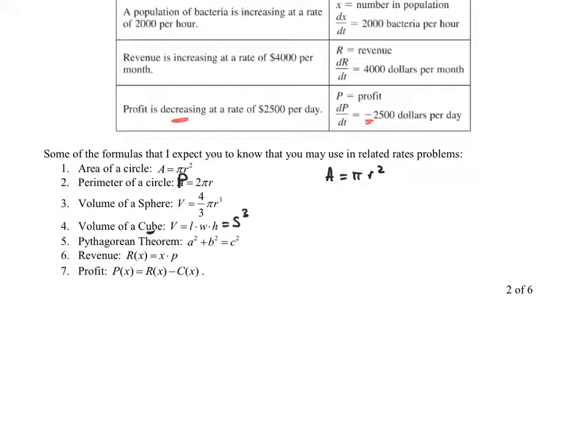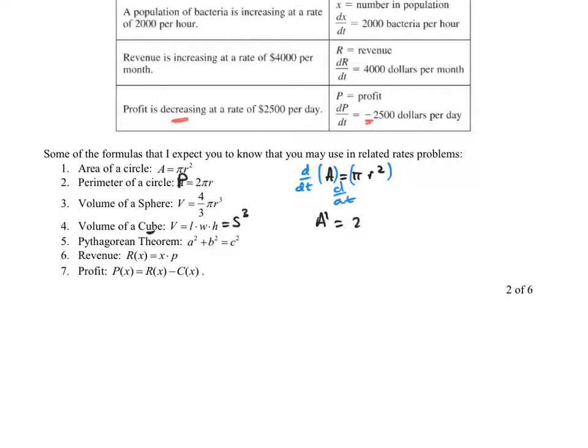Remember, we have to assume that area is a function of time and the radius is also a function of time. So what would happen if I took the derivative with respect to t of both sides of this equation? Well, what's the derivative of the area? You would say it's A prime. What's the derivative of pi r squared? Well, remember, pi is just a number.